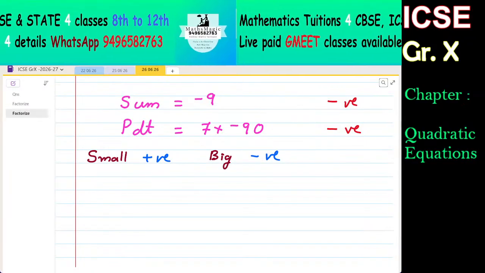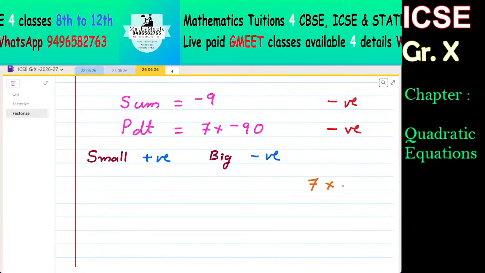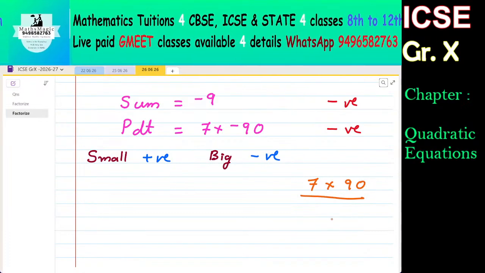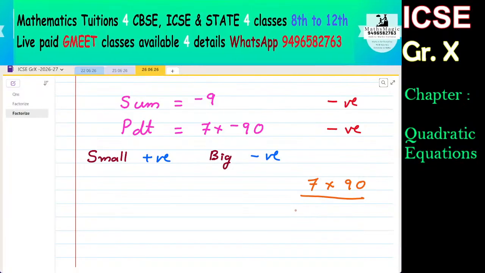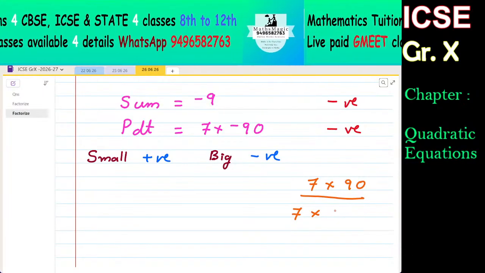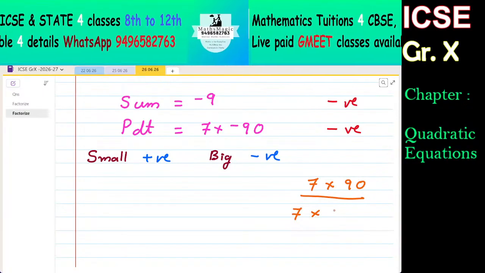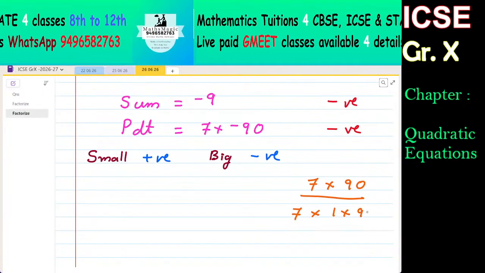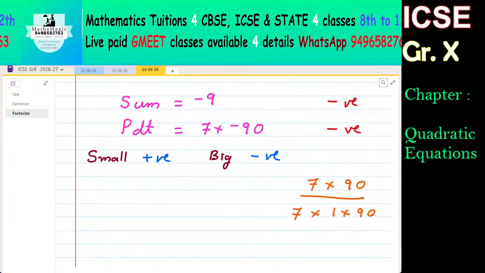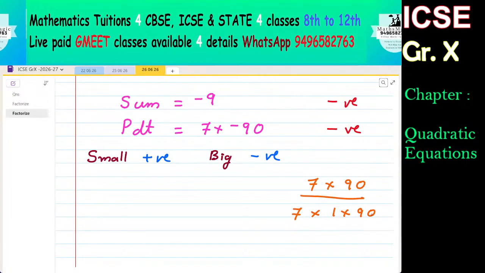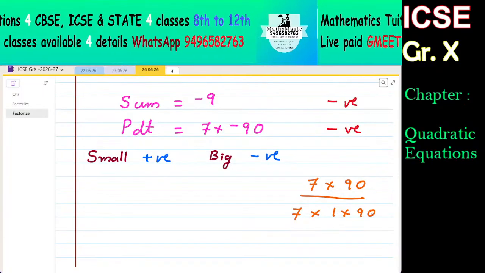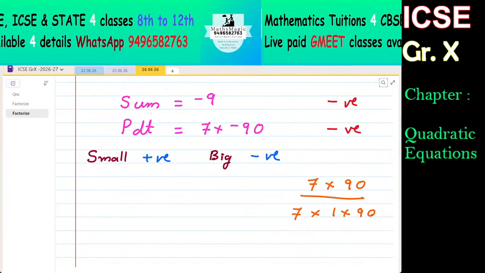You can keep it as it is and go for a prime factorization. 7 is already there. Now 7 and 90, 1 times 90. Since both are of different signs, instead of adding, you have to find the difference. 7 and 90 will work out to be 83.